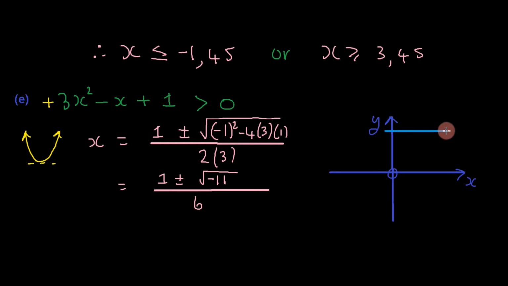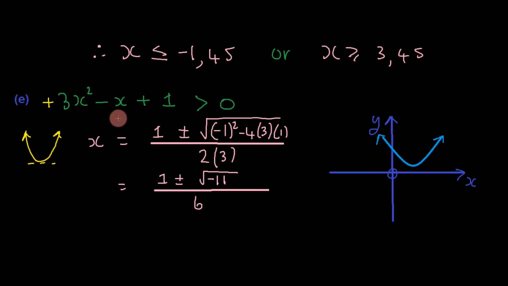It's going to be drawn entirely above the x-axis. So something like this. So no roots. It doesn't intersect the x-axis. Now, we want to know where this parabola is positive, in other words, above the x-axis.